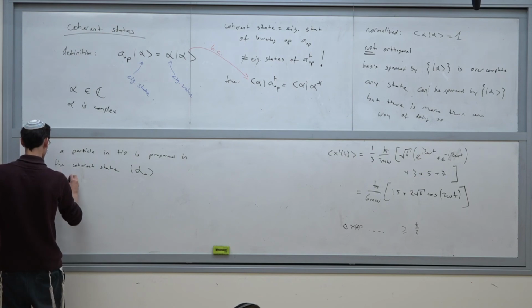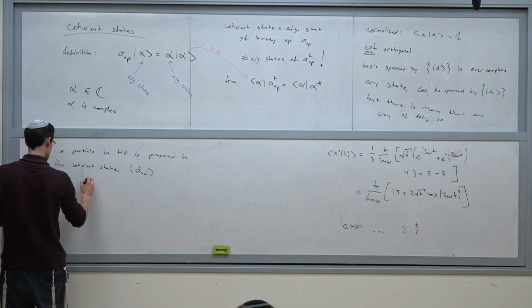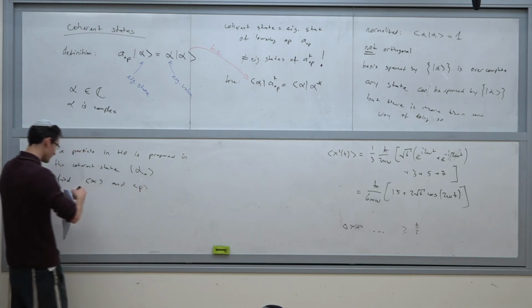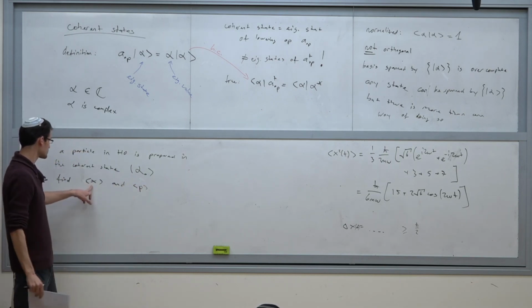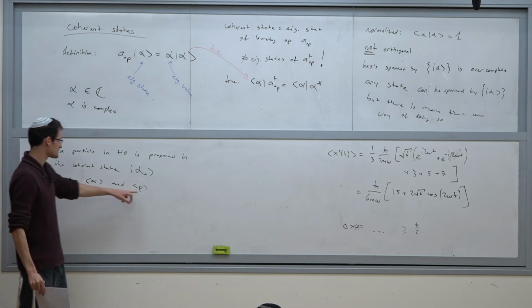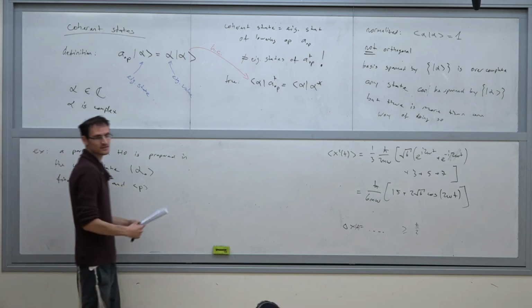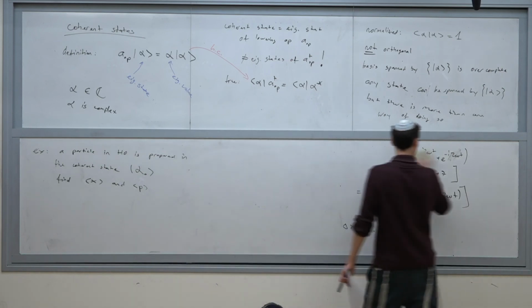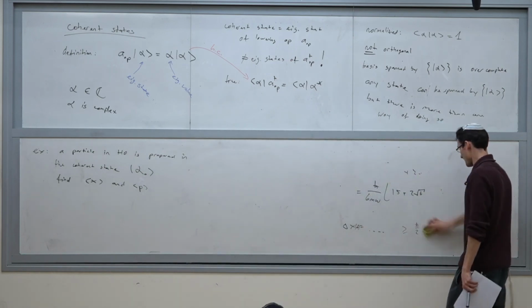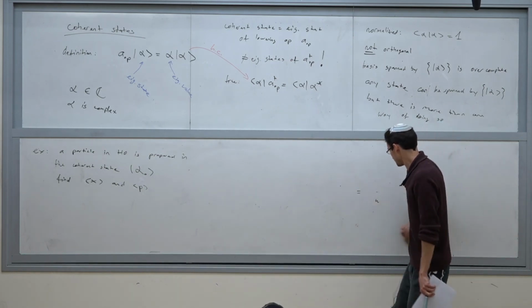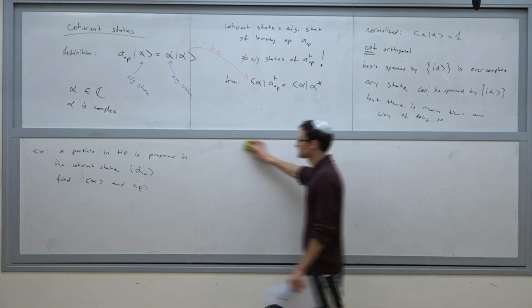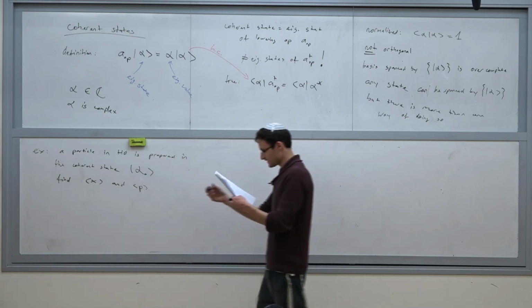Find the expectation values of x and p. So we're looking for the average position and the average momentum of a particle in a coherent state. It's a fair question, right? Okay, so let's do so.